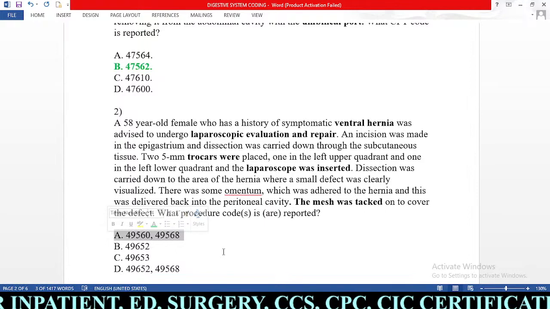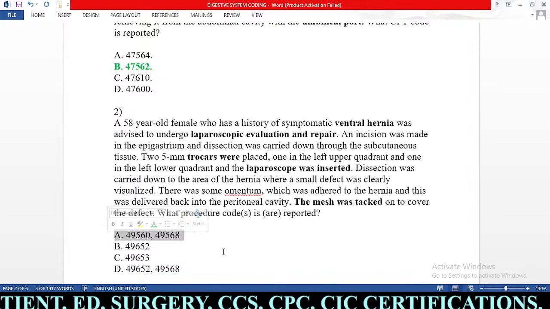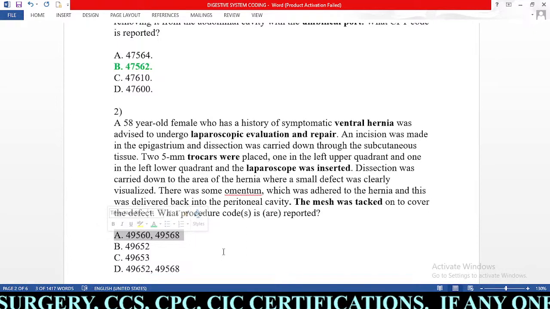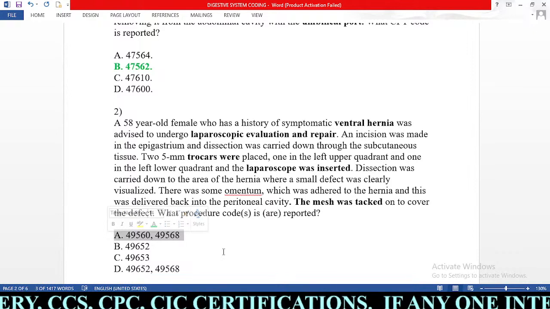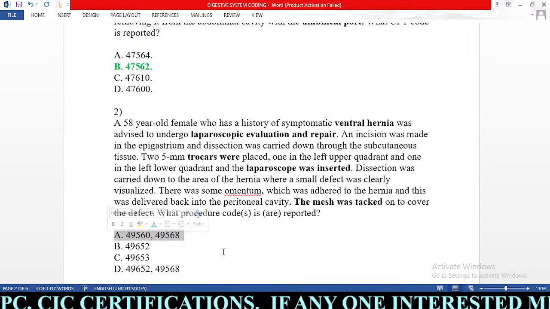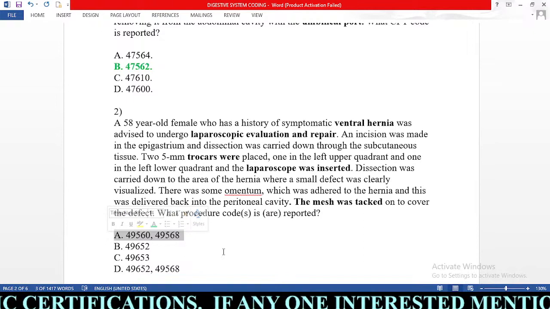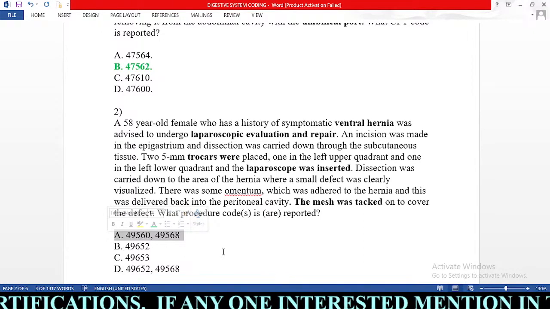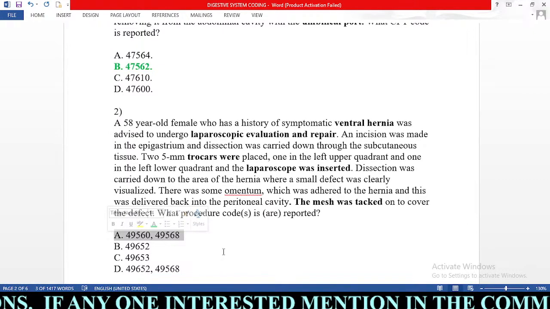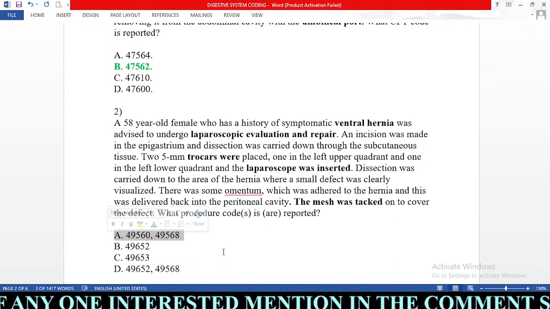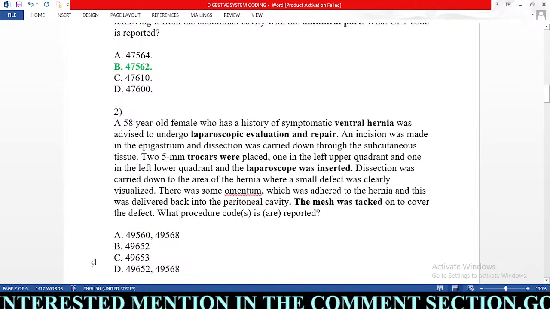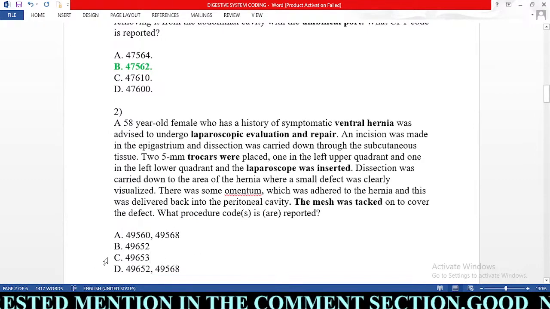These 496 series mostly come under laparoscopy. 49652 is laparoscopy, surgical repair of ventral, umbilical, spigelian or epigastric hernia, includes mesh insertion when performed, reducible, and 49653 is incarcerated or strangulated. Based on our operative report, it is not an incarcerated or strangulated hernia.